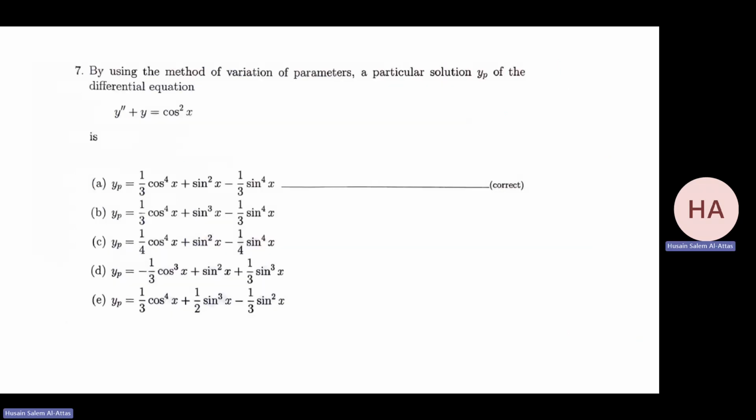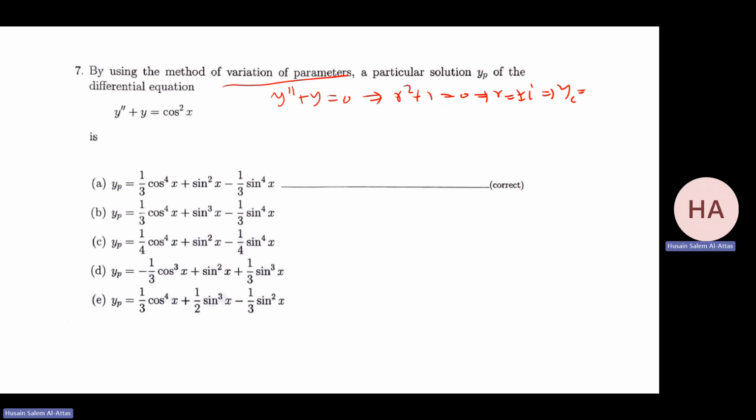Okay. By using the method of variation of parameters, you want me to use the method of variation of parameters. A particular solution is in this form. Okay, so let me solve the homogeneous first. So I have r squared plus 1 equals 0. So r equals plus or minus i.